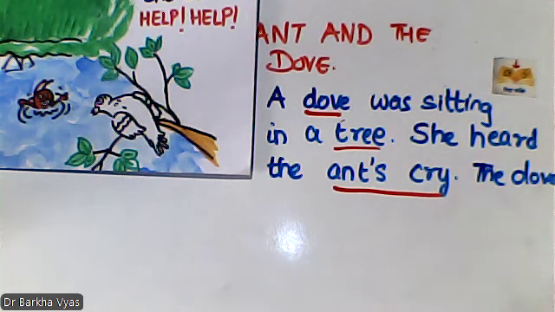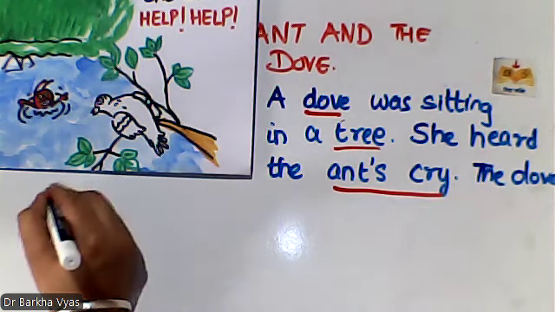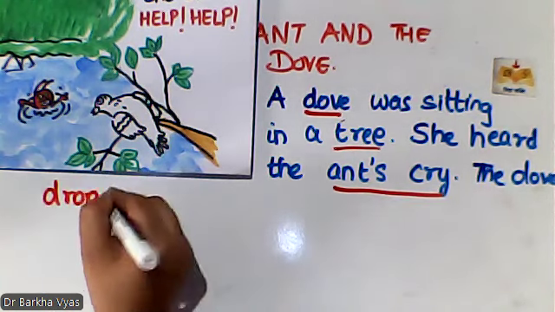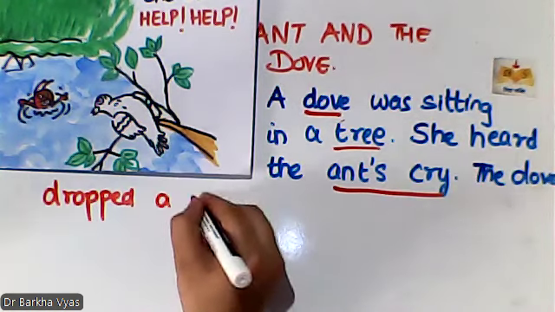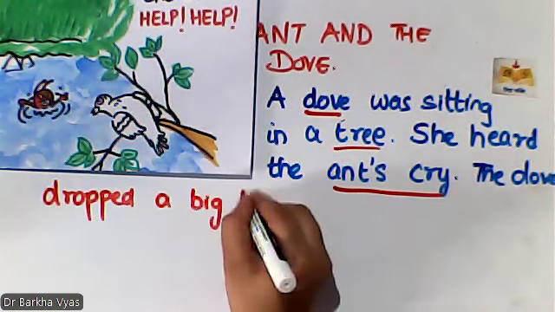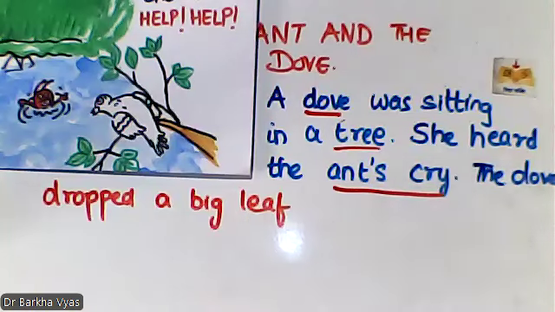The dove. What did the dove do? The dove dropped a big leaf. पेड़ में क्या होता है बच्चों? पत्ते होते हैं ना? There are leaves on the tree, no? Yes.